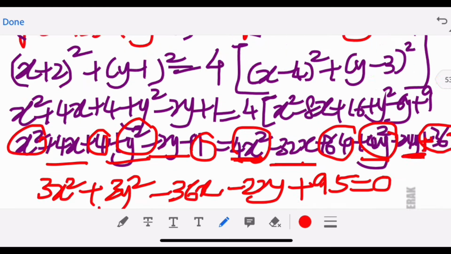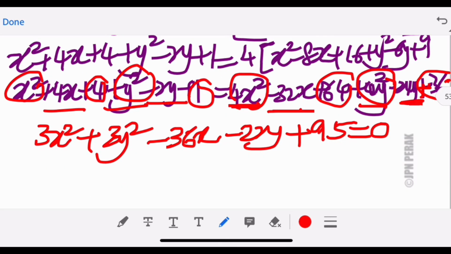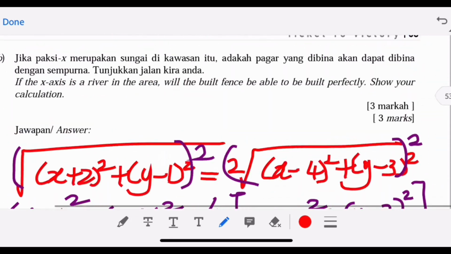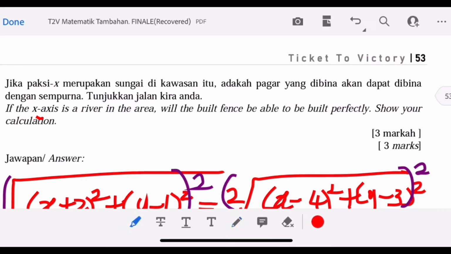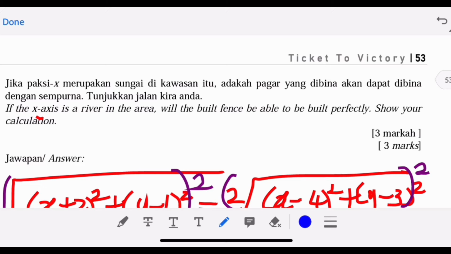Can it be simplified further? I don't think so. We can't divide further. So this is the simplest form of the locus equation. Now for part B, the question asks: if the x-axis is the river, will the built fence be able to be built perfectly?